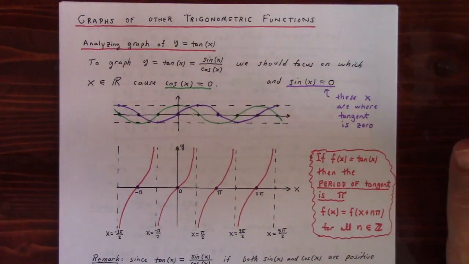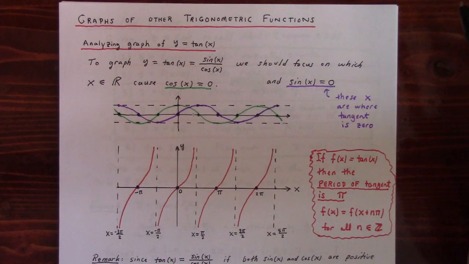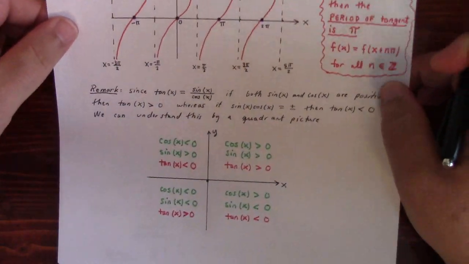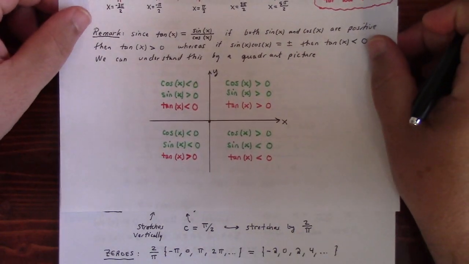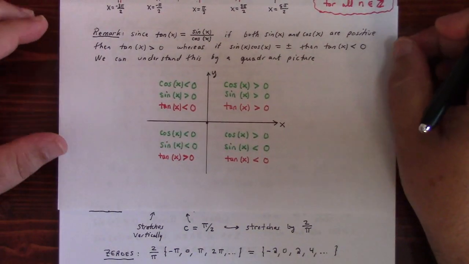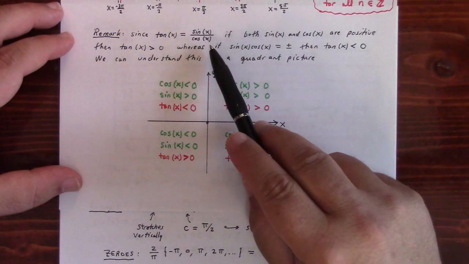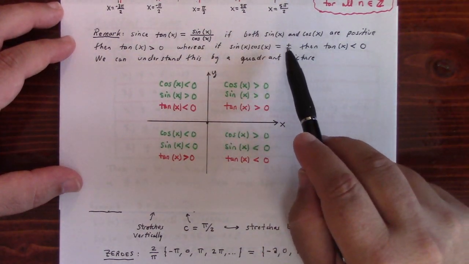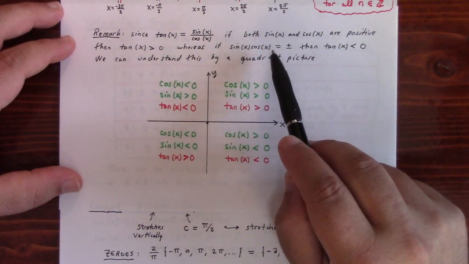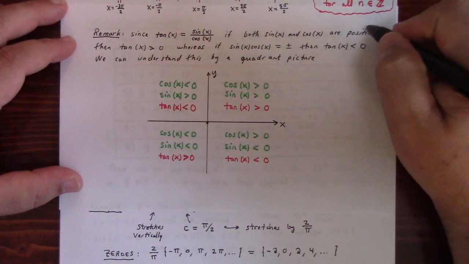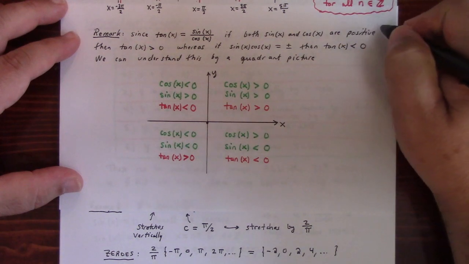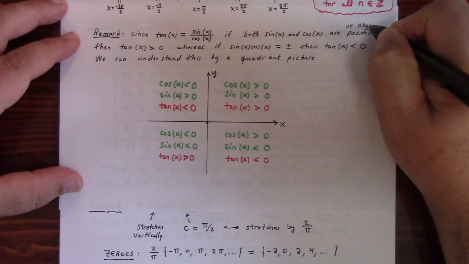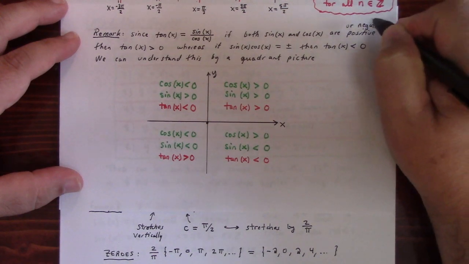Now, to determine whether tangent's positive or negative, we can think about using this little chart down here. Remember our quadrant idea. Tangent is positive if sine and cosine are both positive, or they're both negative, right?